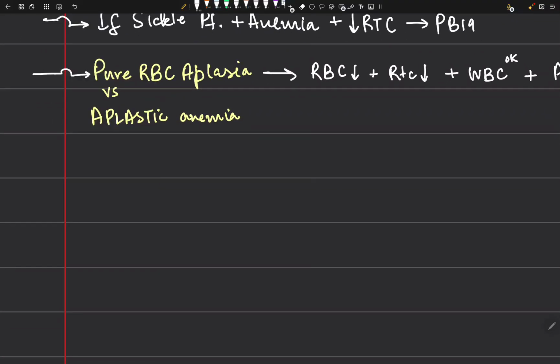But in severe cases, especially in immunocompromised patients or in fetuses, you can have a broad spectrum suppression of the marrow, okay?